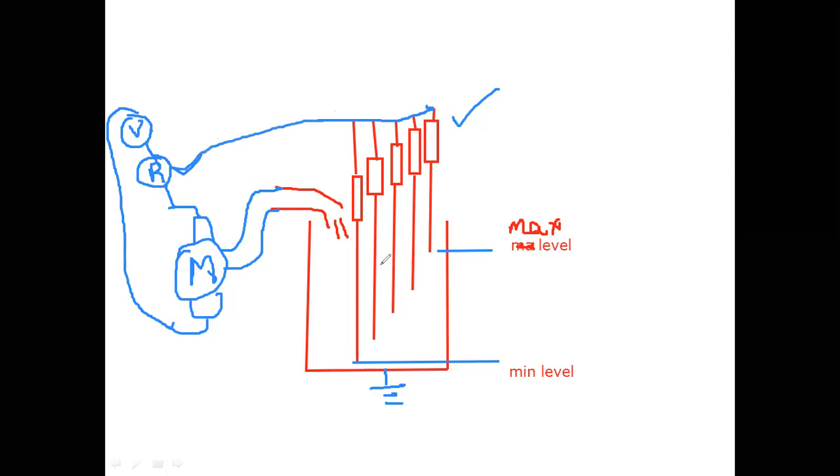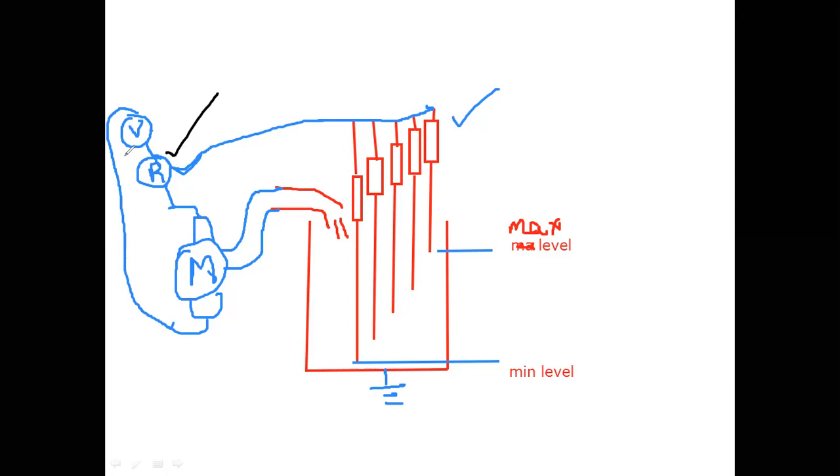So what will happen when there is no water in the tank? The resistance in this loop is zero, very low resistance.